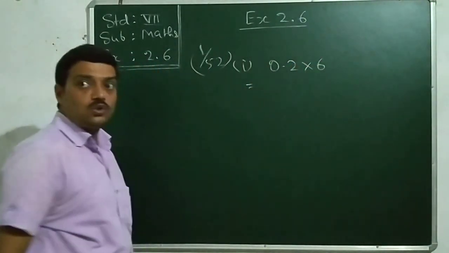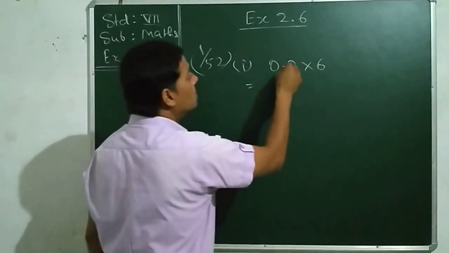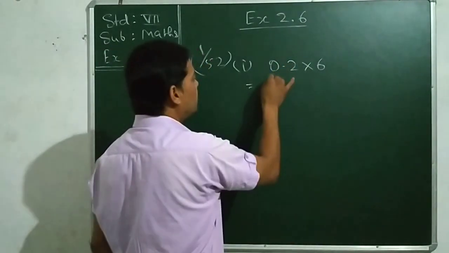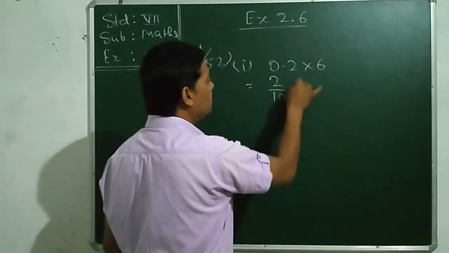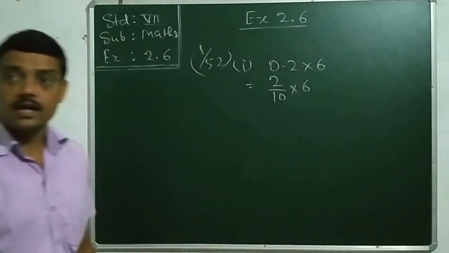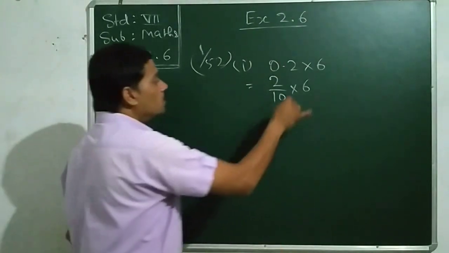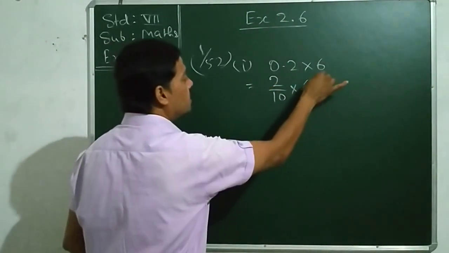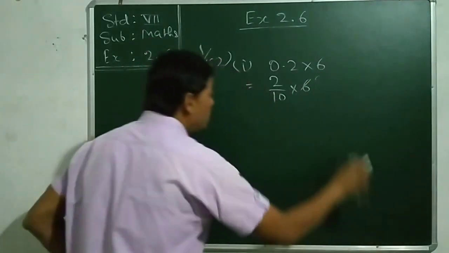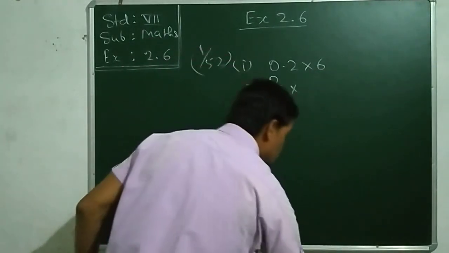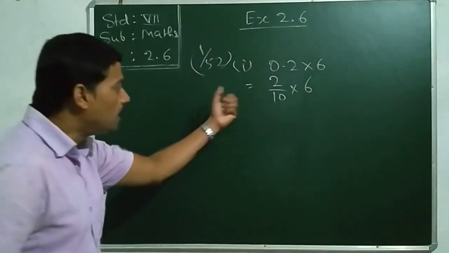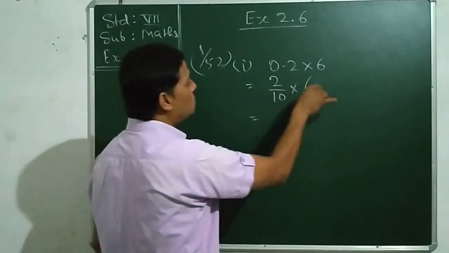See, 0.2 can be written as 2 by 10, since only one digit is appearing after the decimal, into 6. You don't need to reduce it to the lowest term. Instead, multiply directly 6 and 2.